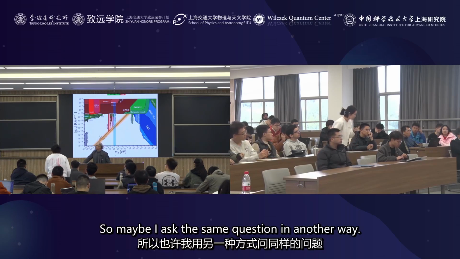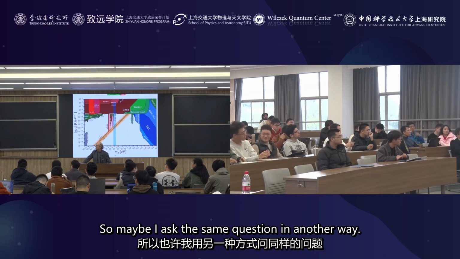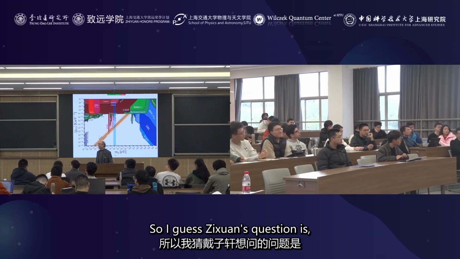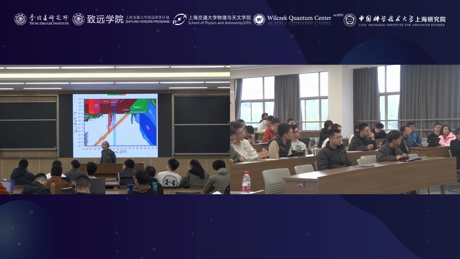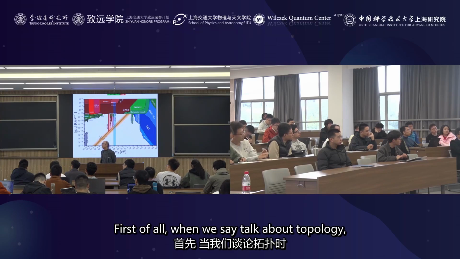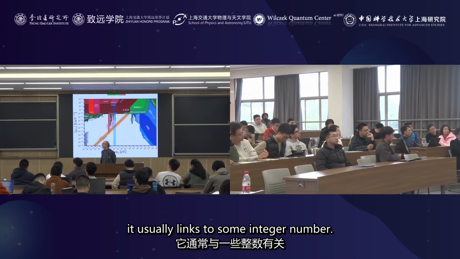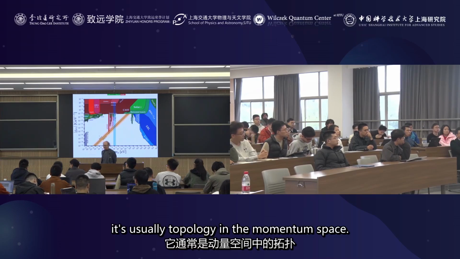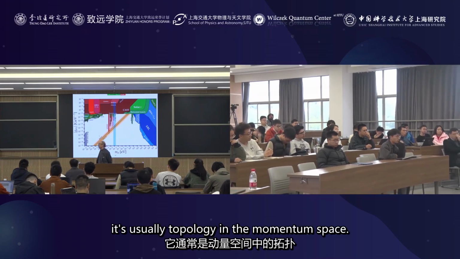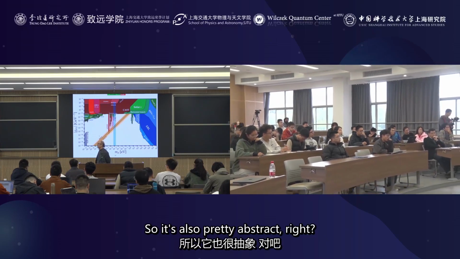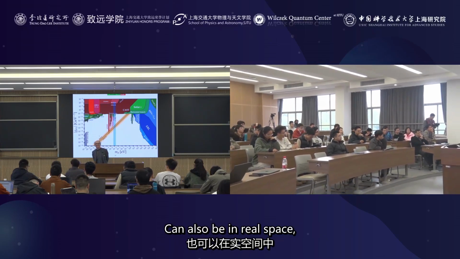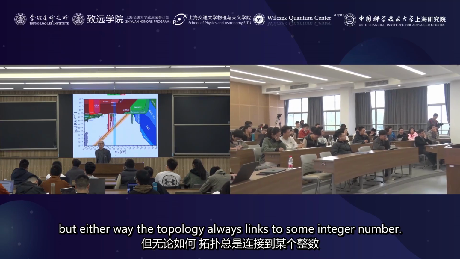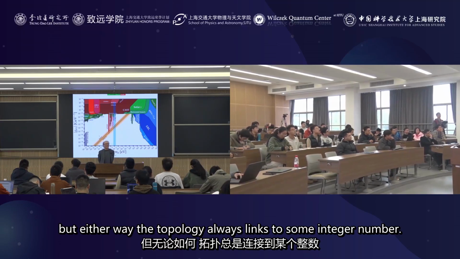Right, Frank. So maybe I ask the same question in another way. In condensed matter physics, when we talk about topology, it usually links to some integer number. By the way, it's usually topology in momentum space, so it's also pretty abstract. But anyway, the topology always links to some integer number.